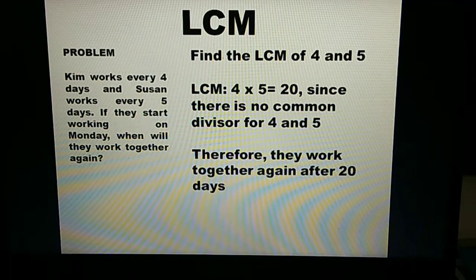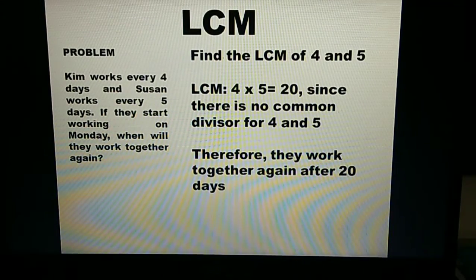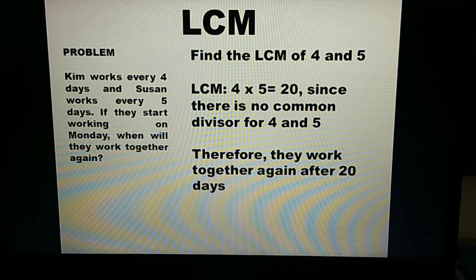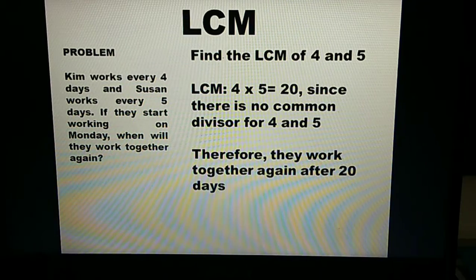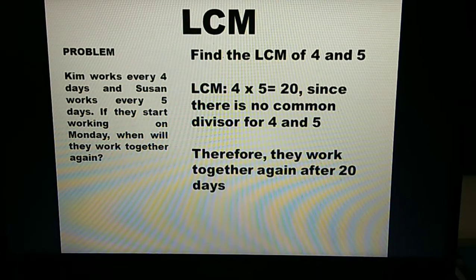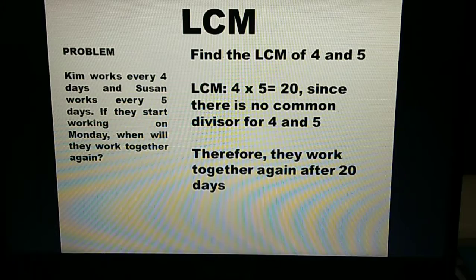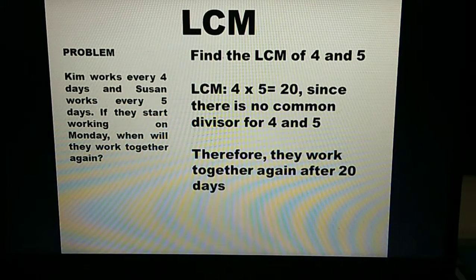As I said earlier, when the two numbers have no common factor, as with the given numbers here, 4 and 5, Kim works every 4 days, Susan works every 5 days, there is no common factor between 4 and 5. That's why the product of these two will determine our LCM. So, we have 4 times 5 is equal to 20, since there is no common divisor for 4 and 5.